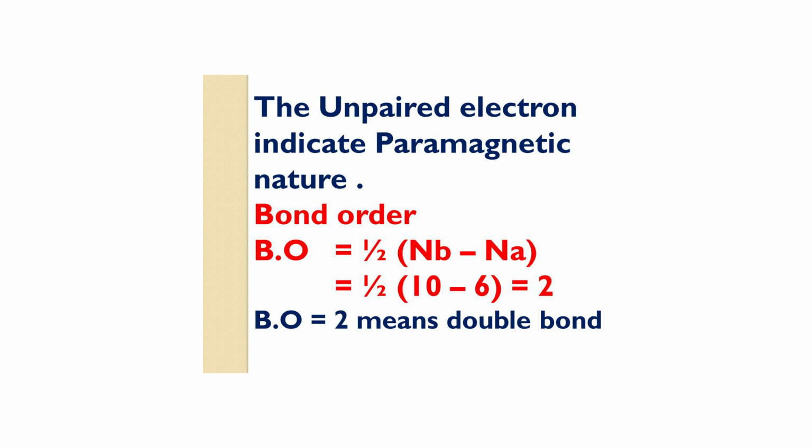So the bond order of oxygen is half into bonding electrons, 10, minus antibonding electrons, 6. 10 minus 6 is 4, divided by 2, the bond order is 2. That means oxygen contains a double bond, that is, the structure of oxygen contains a double bond.